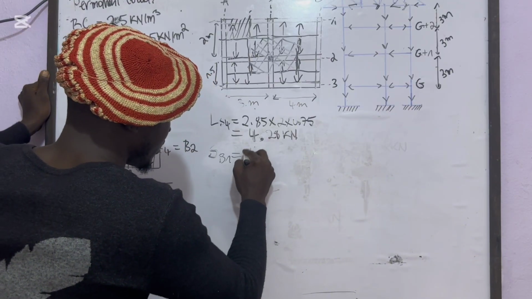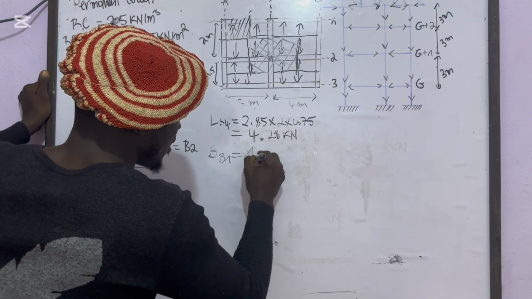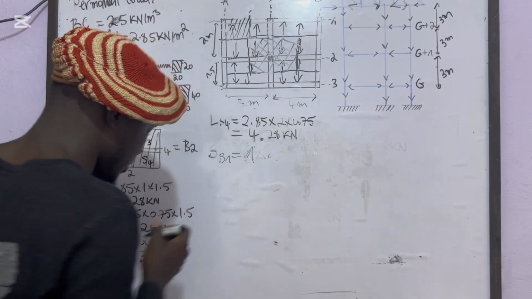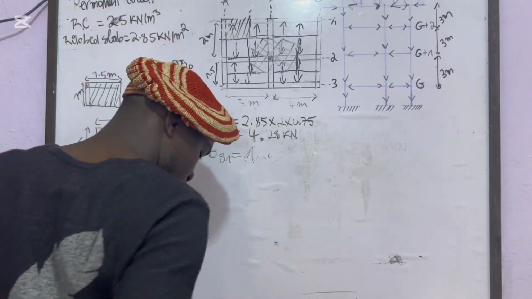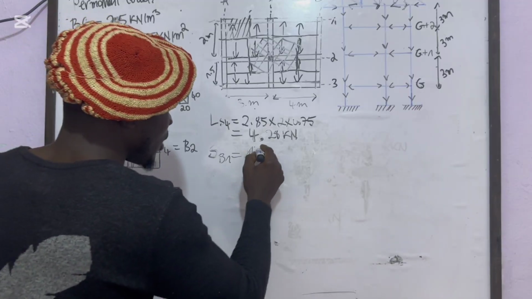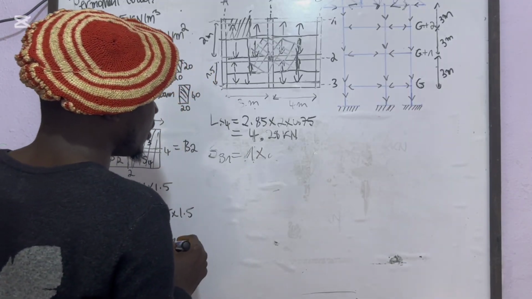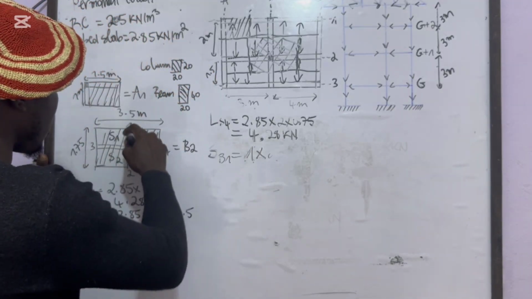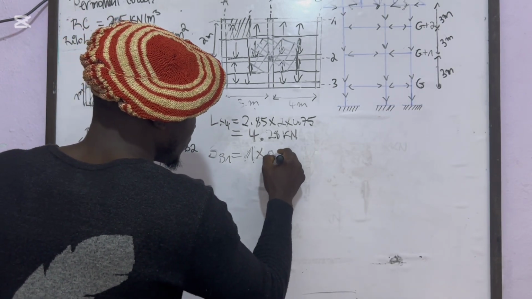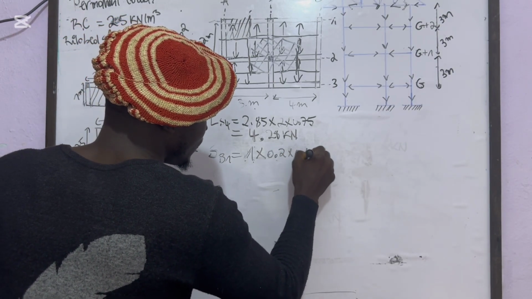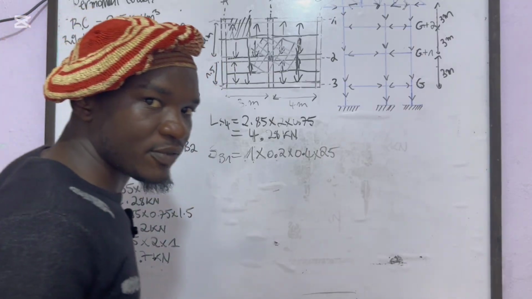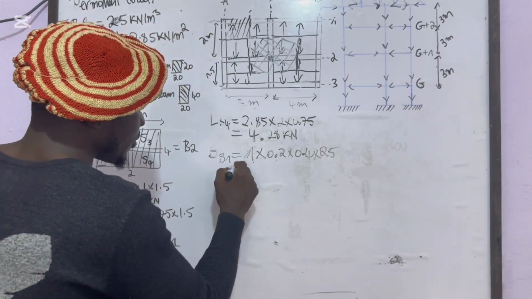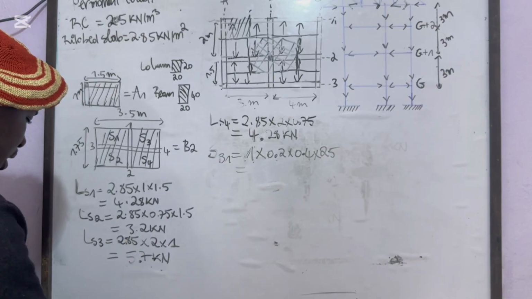So 1 meter, which is the length of the beam, times its cross section 0.2 times 0.4, times the self-weight of reinforced concrete, which is 25 kilonewton per meter cube. We'll make the numerical application.